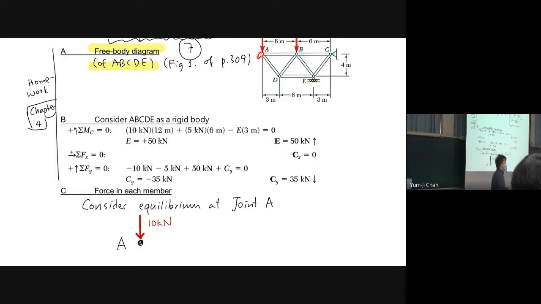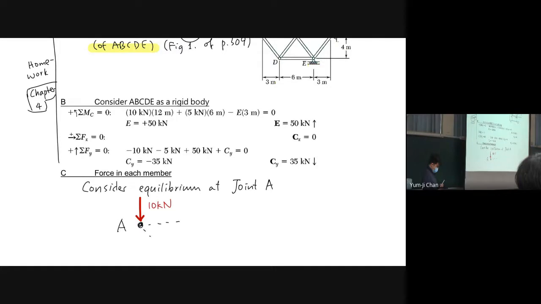What are the rods that connect with joint A? We have AB here and AD here.